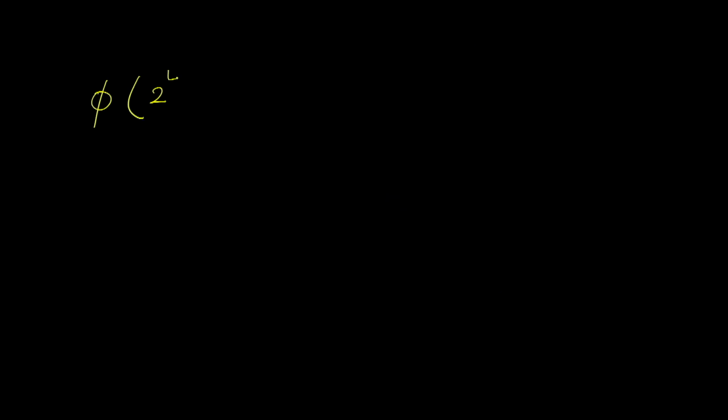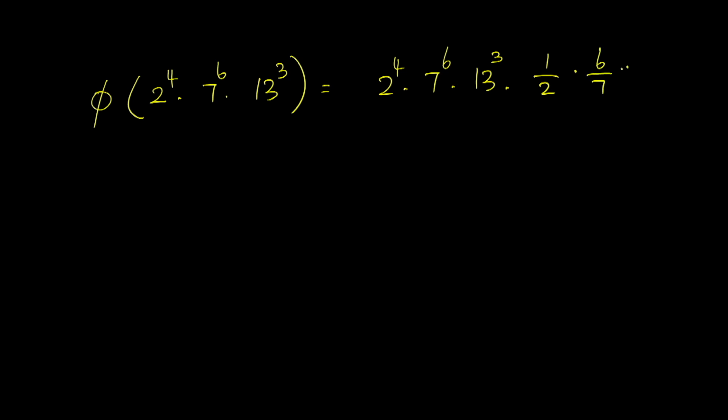Phi of 2 power 4 multiplied by 7 power 6 multiplied by 13 power 3 is this number, 2 power 4 into 7 power 6 into 13 power 3 multiplied by 1 minus 1 by 2, which is 1 by 2, 1 minus 1 by 7, which is 6 by 7, and 1 minus 1 by 13, which is 12 by 13.